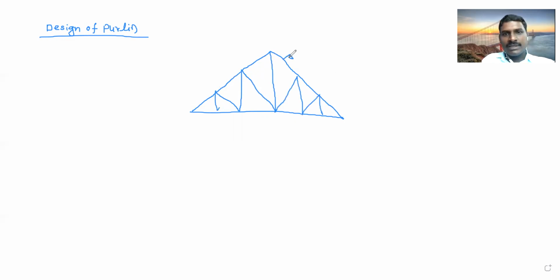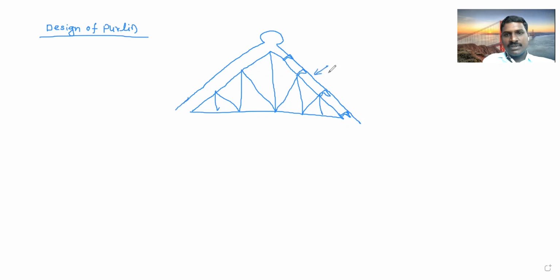If an angle purlin is used, we can provide the purlin like this. So this is the angle purlin, and above this angle purlin the sheet is rested.